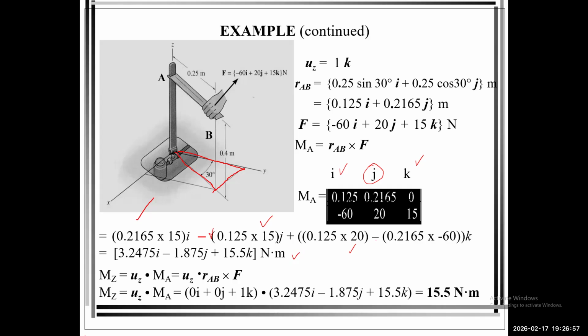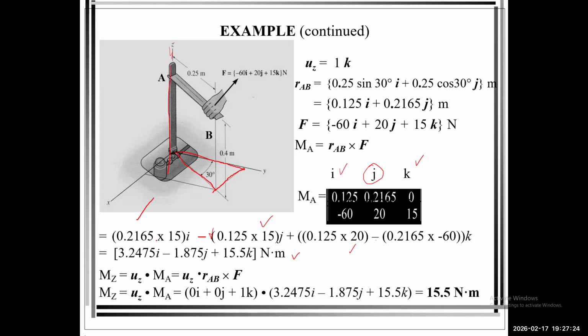So that is only a start. That's the moment about A. But the moment about Z, the axis Z, is different. The moment about the axis is what you're really interested in. So this is the Z axis. About there. So now to get it about the Z, you need a unit vector about the Z, which you know, right?